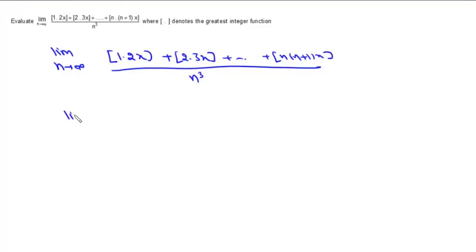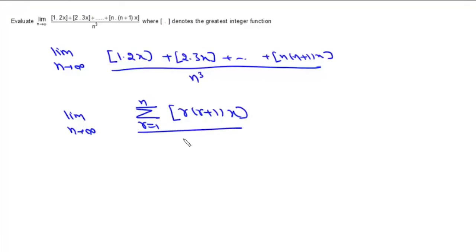Now we can write this as limit n tends to infinite, summation r varies from 1 to n, greatest integer function of r into r plus 1 into x upon n cube, and we know that the greatest integer function of x is equal to x minus the fractional part of x.